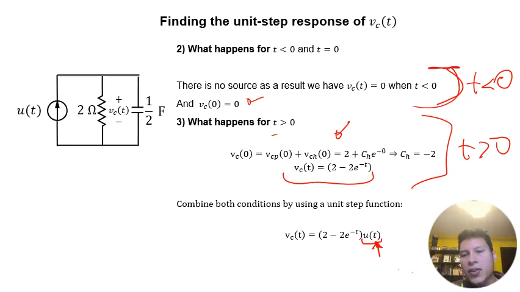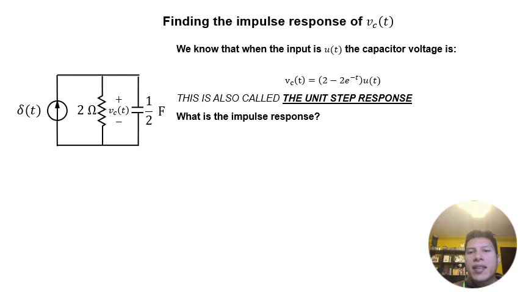Okay, so we found our unit step response. Now what is the impulse response? Well, to find it, we just need to take the derivative of this.